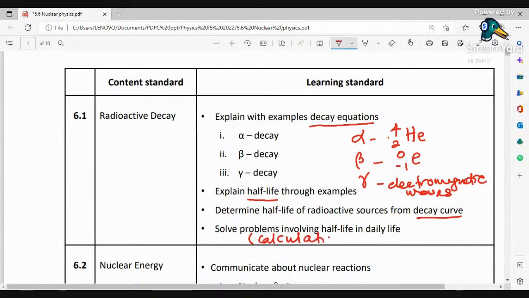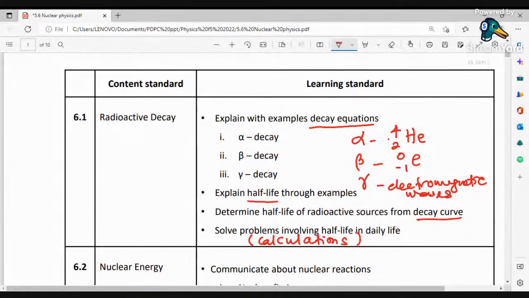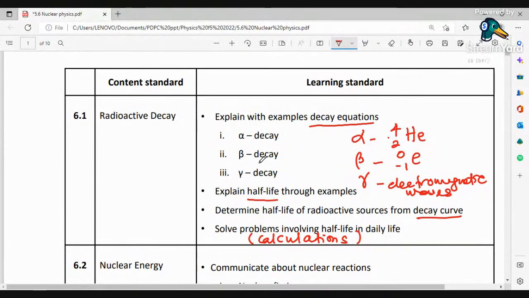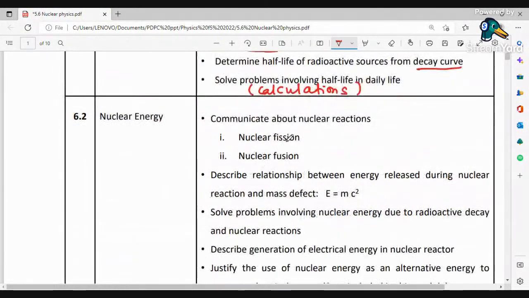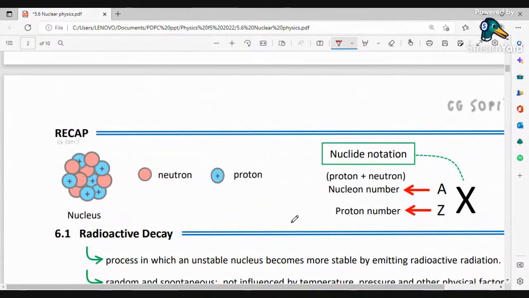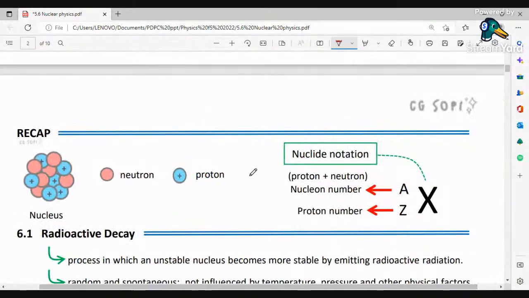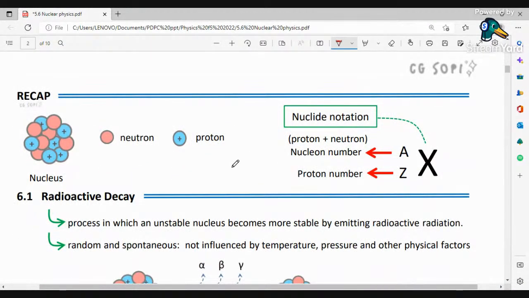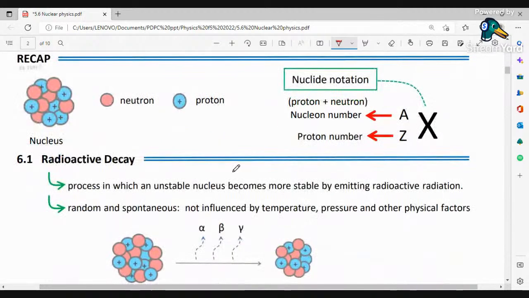Okay, kita terus kepada bahagian 6.1. 6.2 ni berkaitan nuclear energy pun ada calculation juga. Normally in paper 1, this question will come out. Ada juga bahagian essay, itu bahagian yang application. Nanti kita lihat contoh.